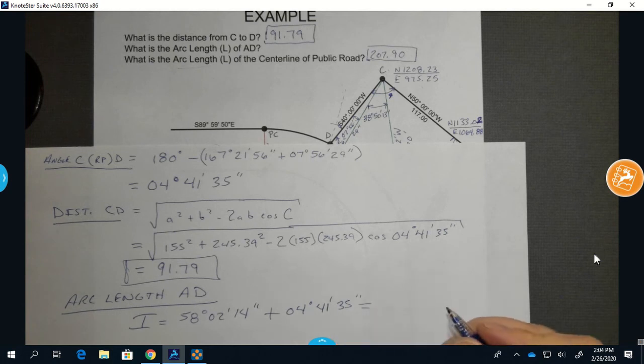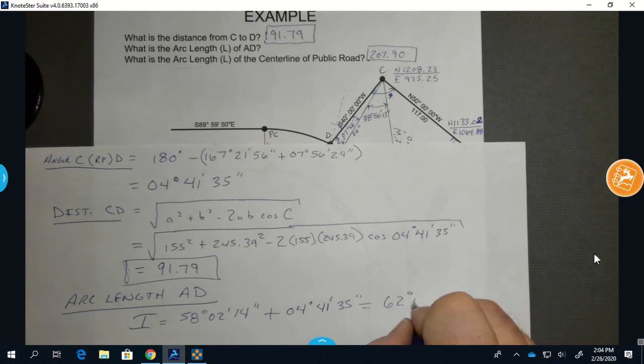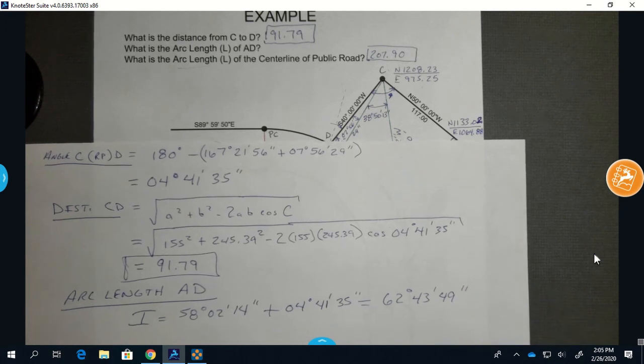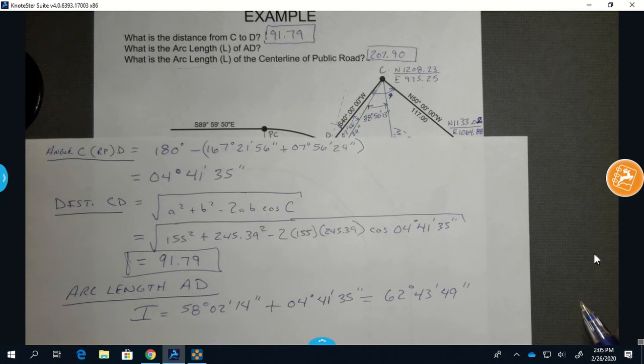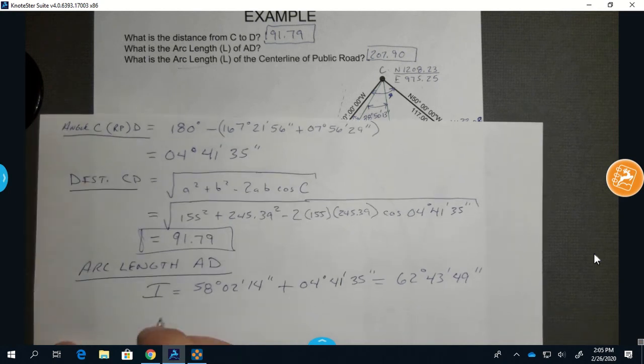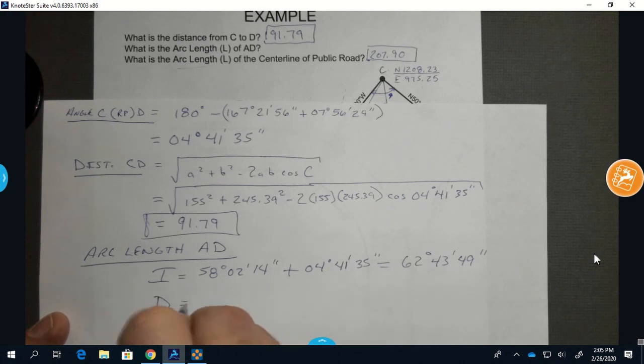Okay, so I equals 62 degrees, 43 minutes, 49 seconds. So I just solved for I, because we know that in order to find L, we need I and D for the formula. All right, so now we have I, let's solve for D. We could have solved for that before too.